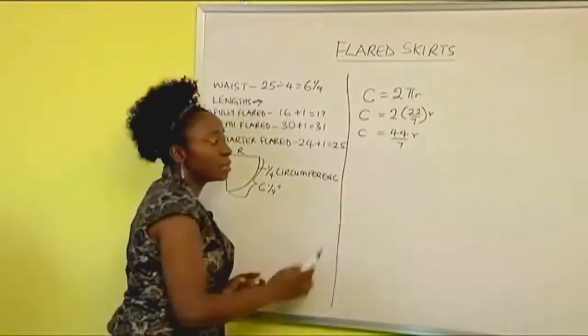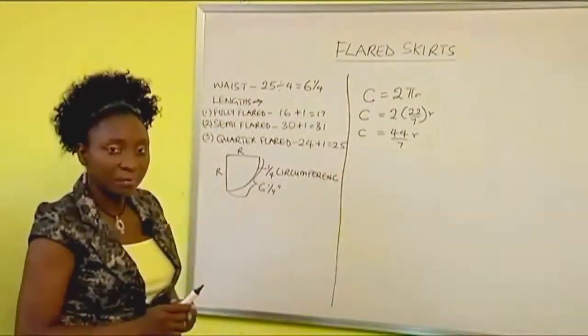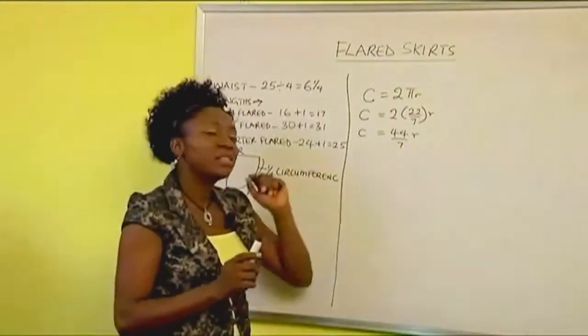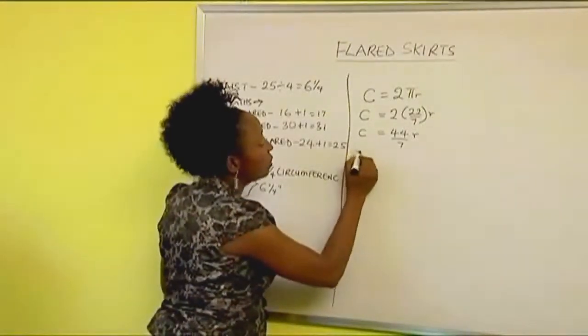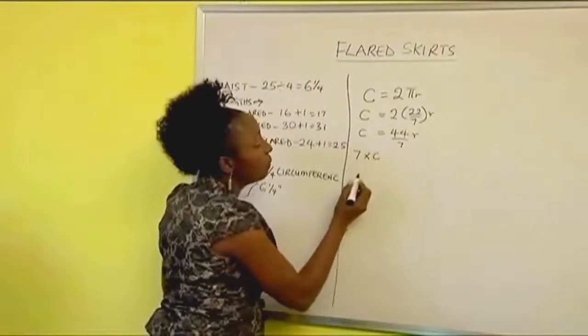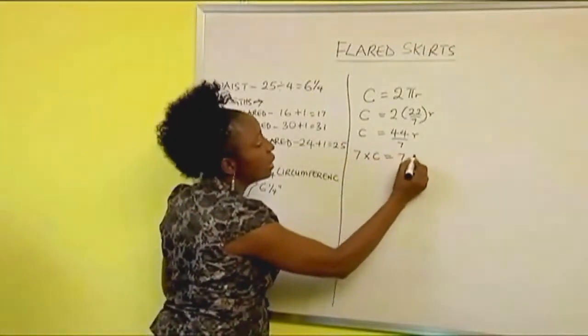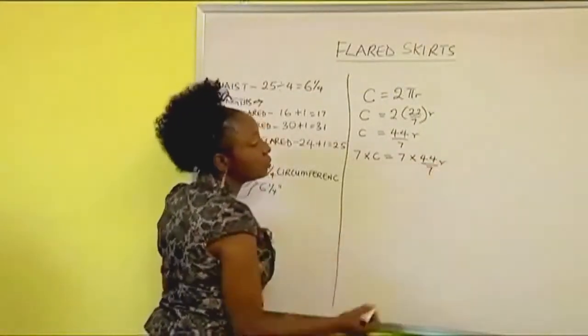Now, after I've done this, what I'm going to do is multiply both sides by 7, because I'm trying to see how I'm going to make r the subject of the formula. So I'll just take my 7, I multiply by C. I multiply C with 7, and that will give me 7 times 44/7 r.